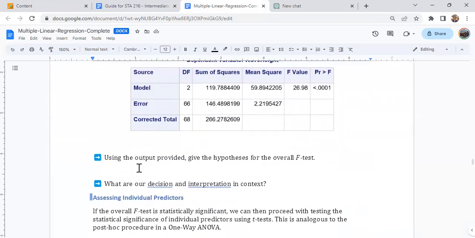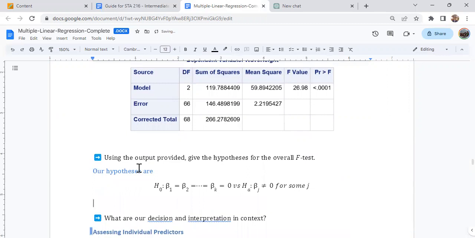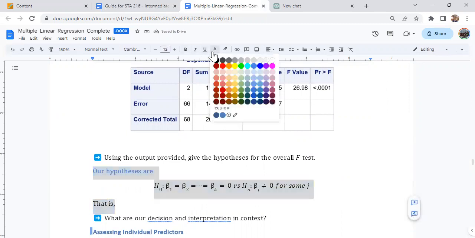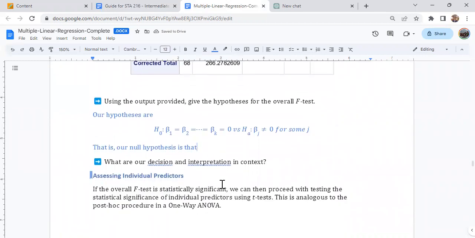So we can say the hypotheses are, and then just like when we give the estimated model and the assumed regression model, this is the most general form with k predictors, but we know how many predictors we have here, right?